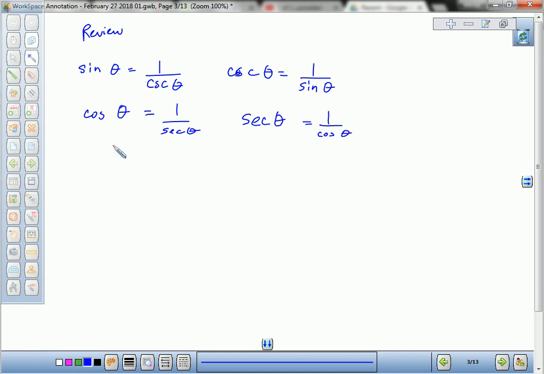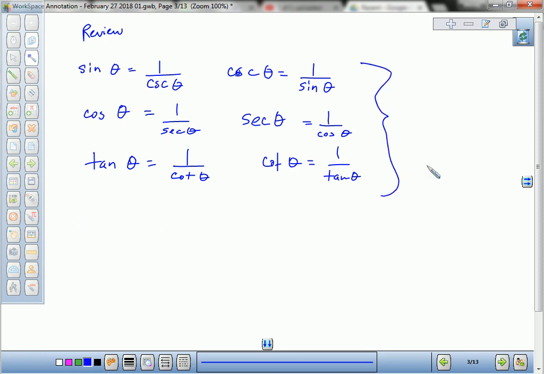And then our last reciprocal, tangent of theta, is 1 over cotan, just like cotan is 1 over tan. These are our reciprocal identities.